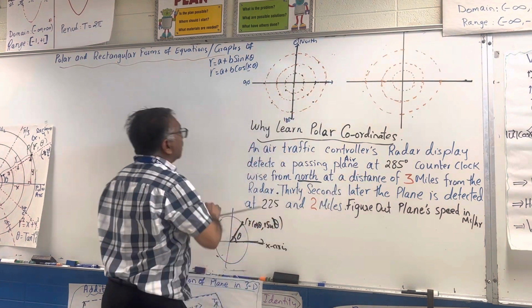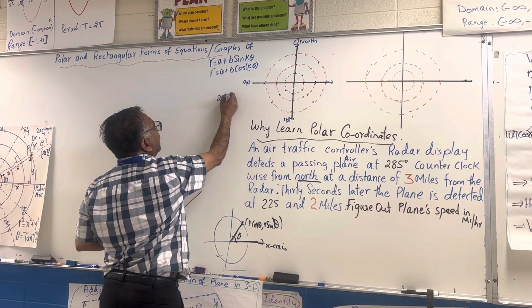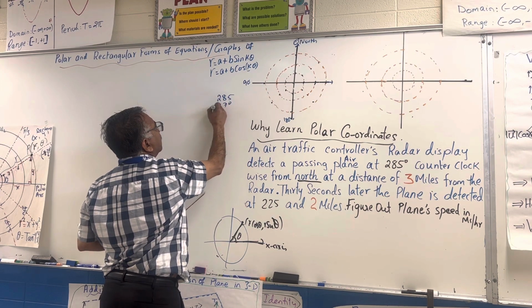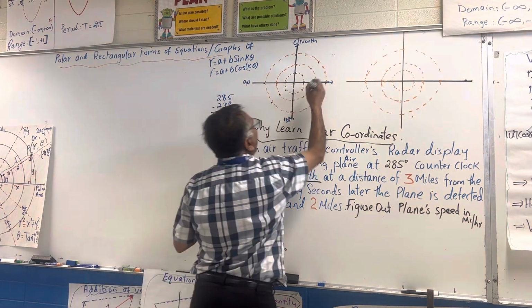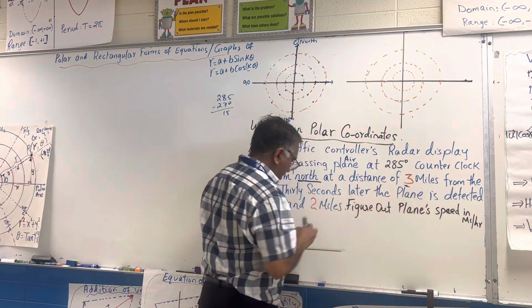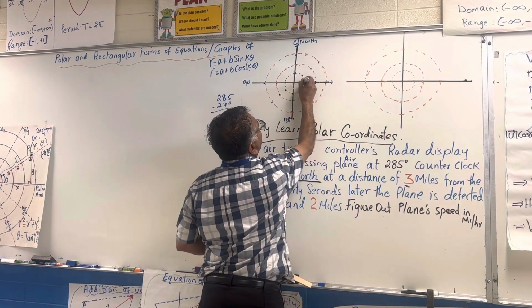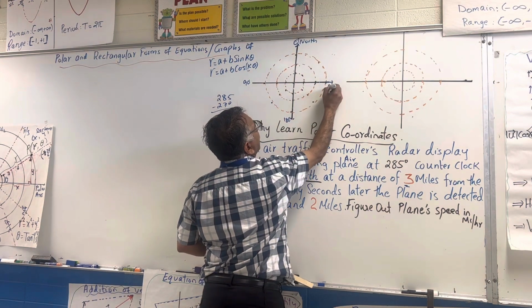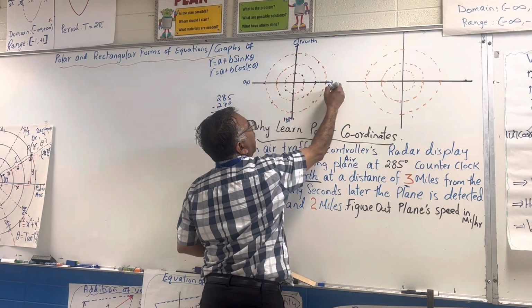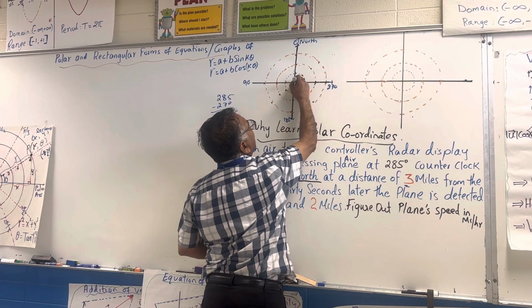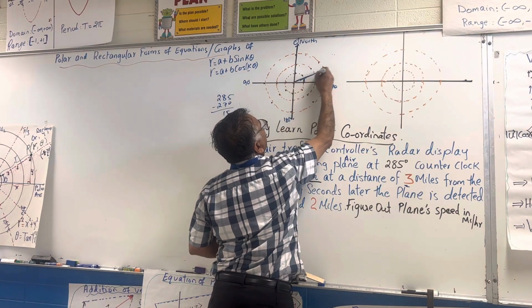You can see 285, and if I subtract 270, you get 15. That means the angle at a distance of 3, so I have to plug in where is 3. Somewhere here, this will be 270, and then adding 15, so somewhere here. So this is how far I should go.